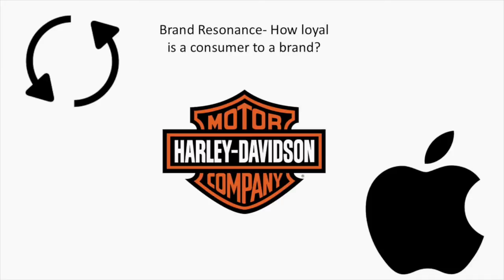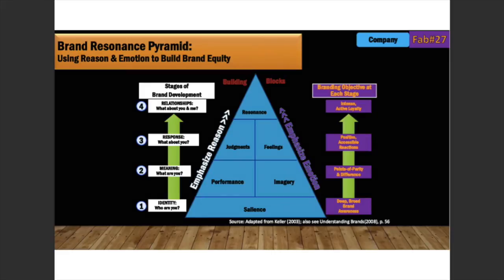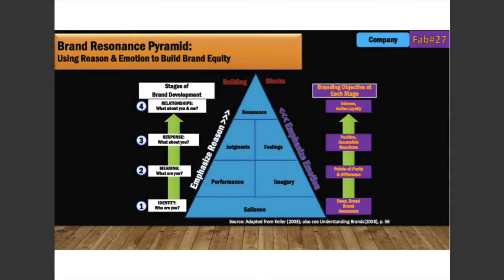Great examples of brands that have managed to create this bond are brands like Harley Davidson and Apple, whose customers continue to come back to that brand time and time again because of success that they've experienced as consumers with that brand.